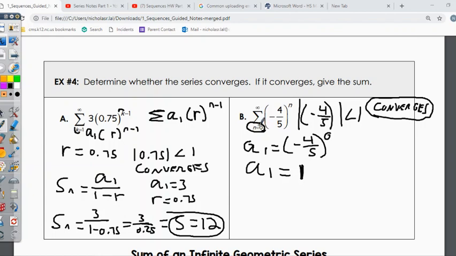Your first term is going to be plugging in your index into your series equation. So when you plug in 0 into negative 4/5 to the 0 power, that is the first term. So our first term is 1. All right? And so now we've solved for a1. So now we just need to find Sn.